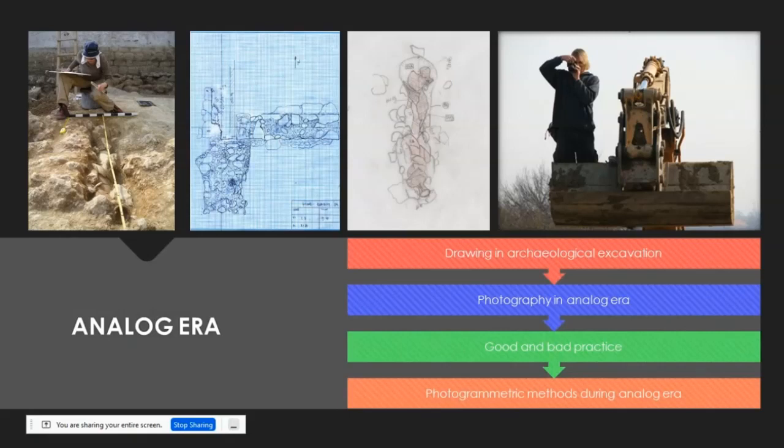Traditionally, the sections and plans were drawn on the site during excavation by pen and paper, with the use of tape measure and level for measuring elevation data. Although every archaeologist was capable of producing a drawing or sketch, larger excavation drawings were usually created by specialist technicians who spent years refining their drawing skills.